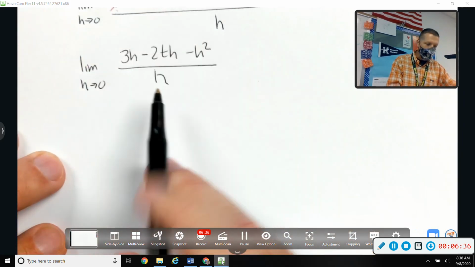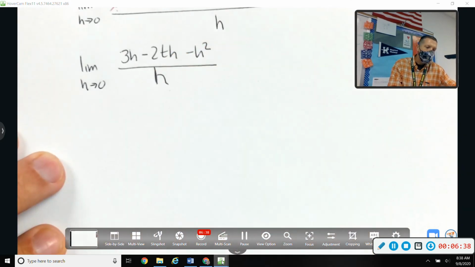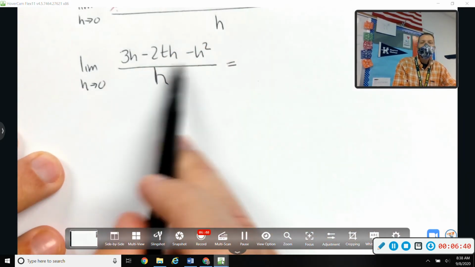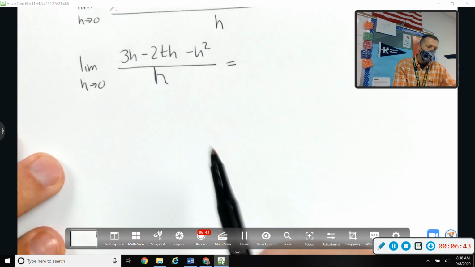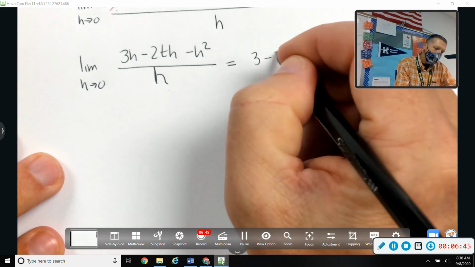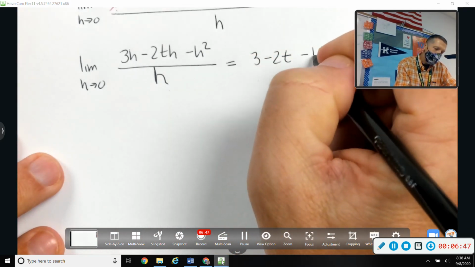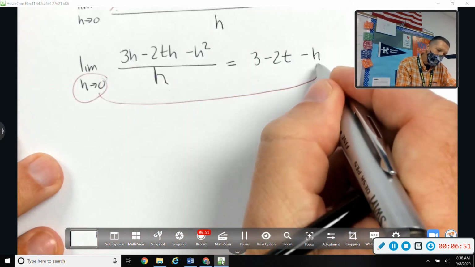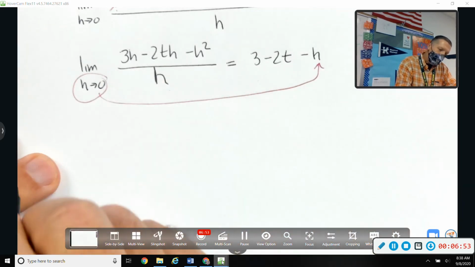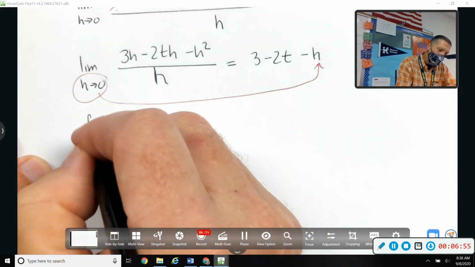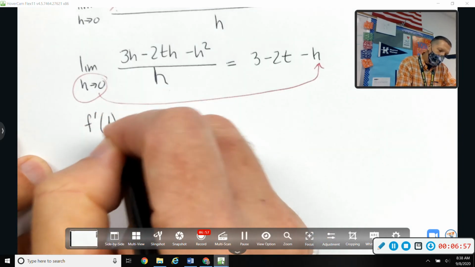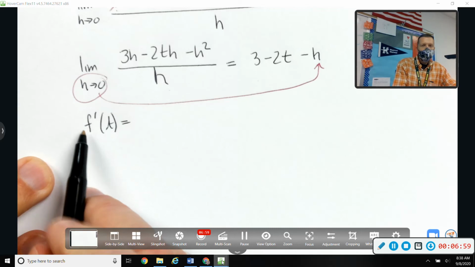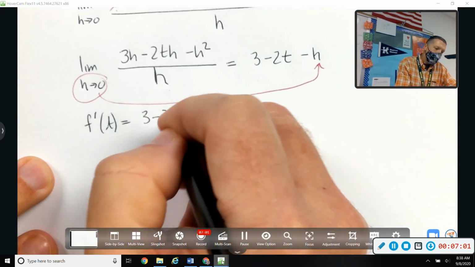I still can't plug in 0 for h because it's in the bottom, but everything in the top divides by h, so I can reduce to 3 minus 2t minus h. So now if I plug in h equals 0, I get 3 minus 2t. So the derivative of f is 3 minus 2t.